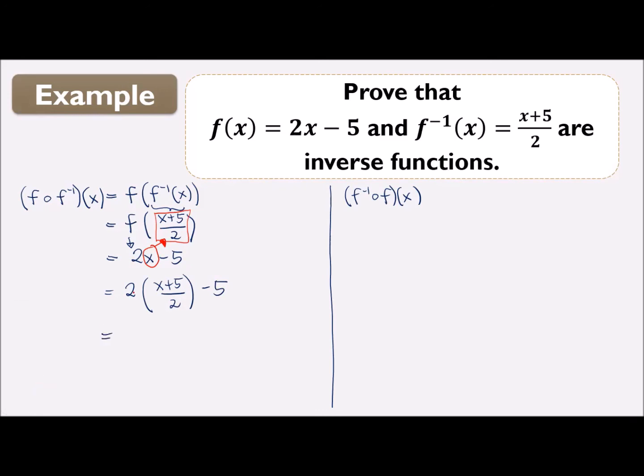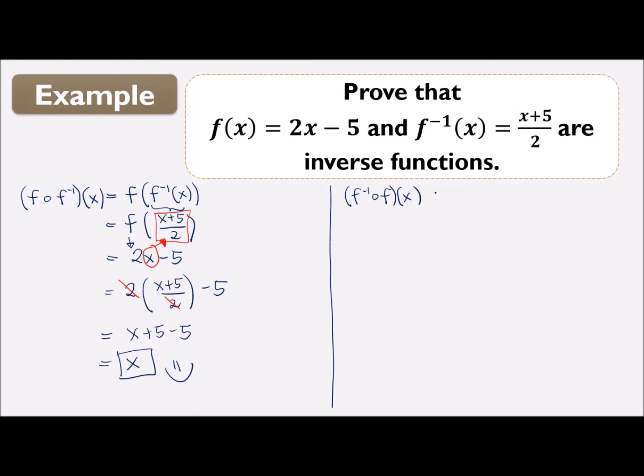Di ba po? O, cancel natin si 2. Ang maiiwan na lang natin ay ang x plus 5. Tsaka, minus 5. Eh, we all know that that 5 minus 5 is equal to 0. So, magiging x na lang siya. So, na-achieve natin yung second property.